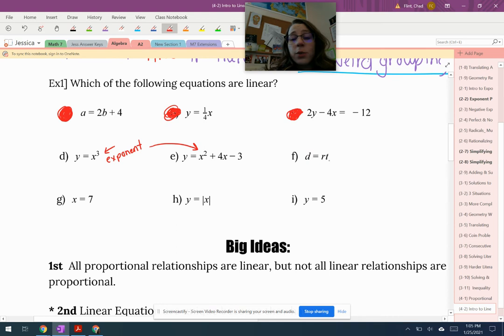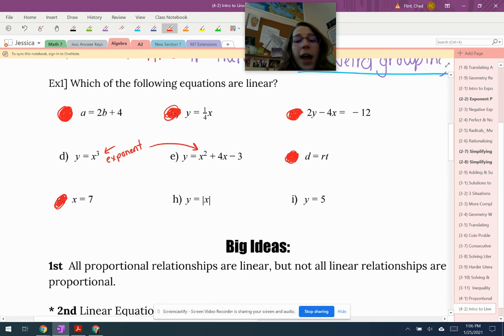F, D equals RT, no exponents, no weird groupings, so that is linear. G, x equals 7. This is a special equation that we'll look at in a couple of lessons. No weird exponents, no exponents other than 1 or 0. Remember that 7 does have a 1 on it, but that doesn't do anything. And no weird groupings, so G must be linear.